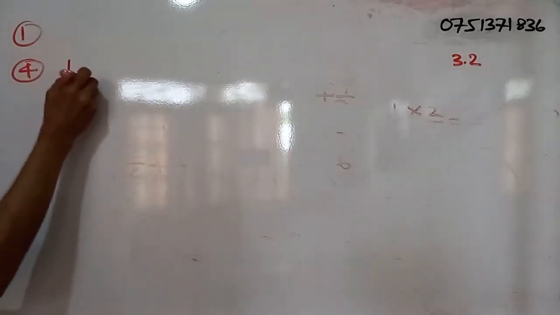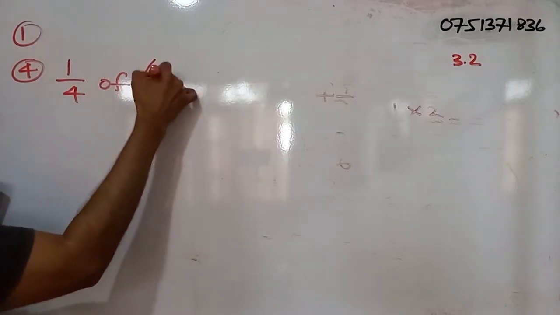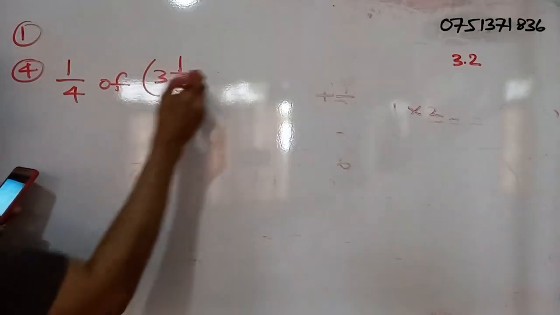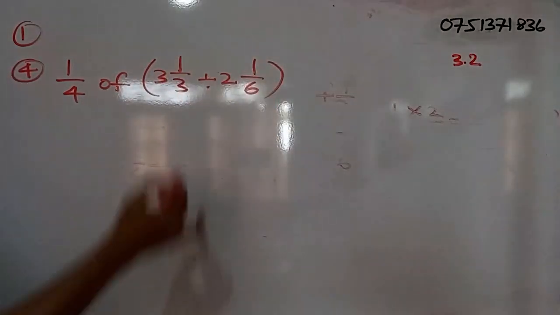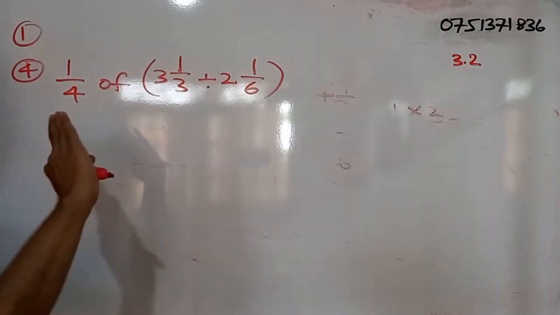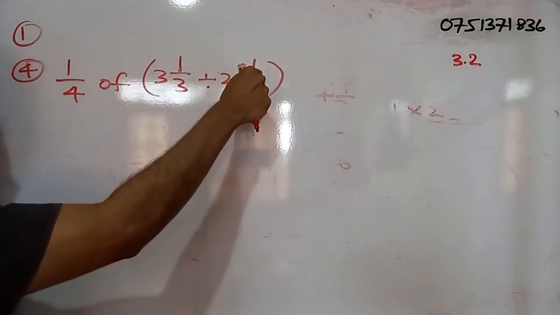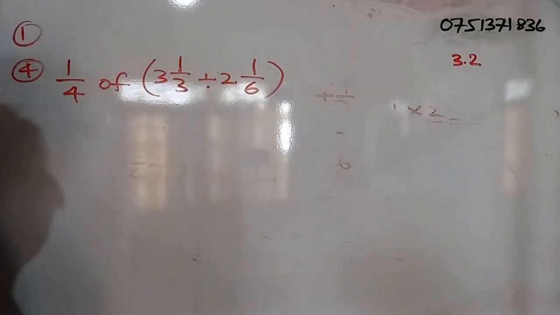Okay. So 1 by 4 of, within brackets, 3 and 1 by 3 divided by 2 and 1 by 6. Right. So first of all, when we do the simplification, we have to start from the brackets. And there also we have to convert these two into what? Improper fractions.